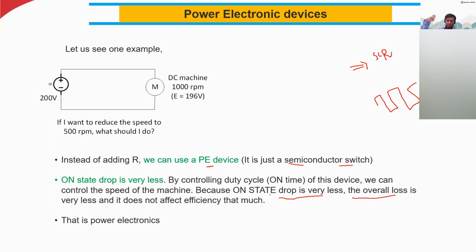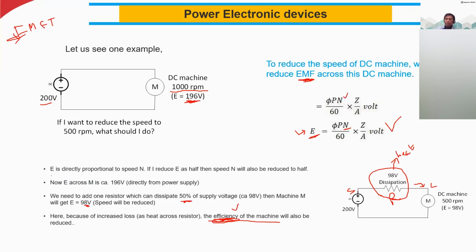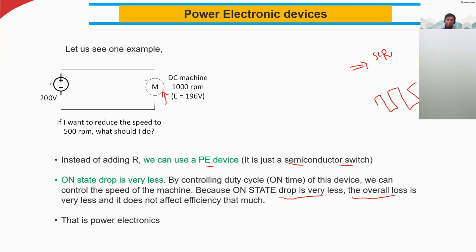The efficiency of the machine will not be affected too much compared to the previous method. So using a power electronic device to control the speed of the machine is a wiser solution than using a resistor. That is the power of power electronics.